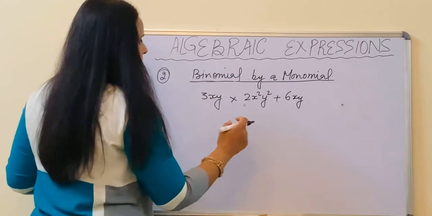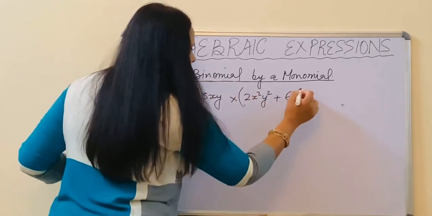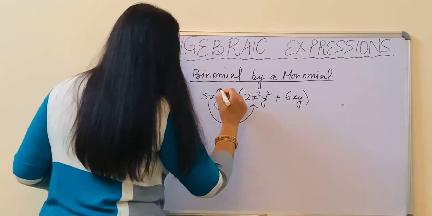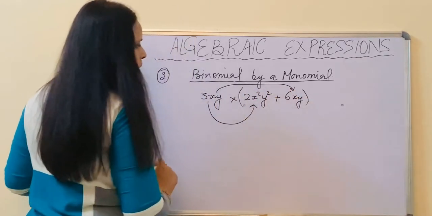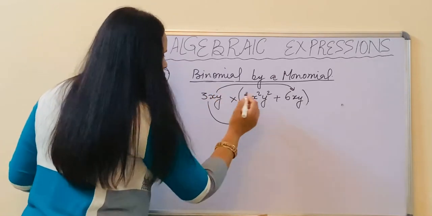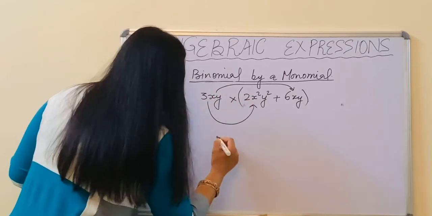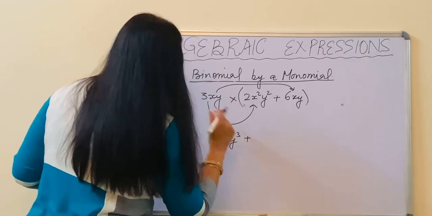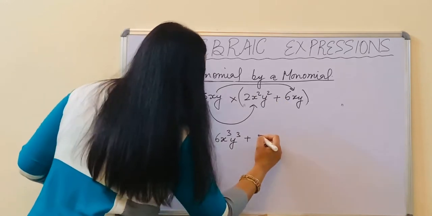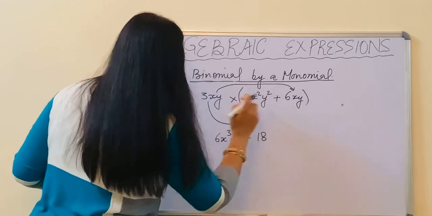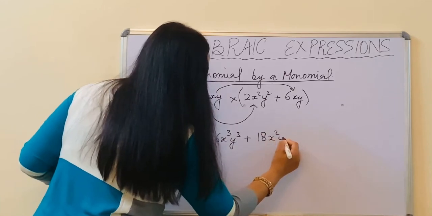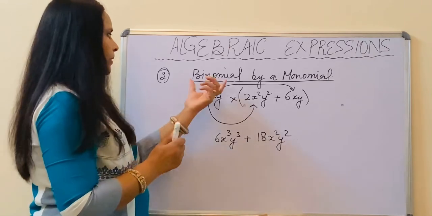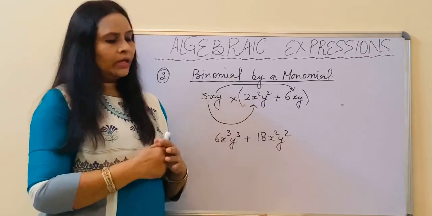So the terms become, what we have to do is multiply 3xy with this and then 3xy with 6xy. Now 3 twos are 6. We know the result of this: 3 twos are 6, x cube y cube, plus 3 sixes are 18, and now here it is x square y square. So simple. We can multiply a binomial with a monomial.